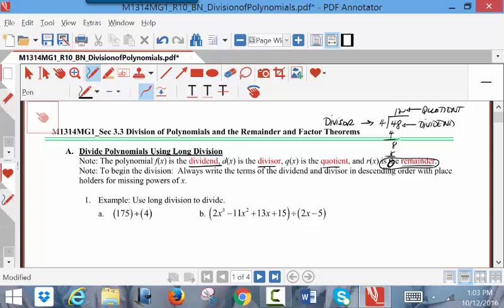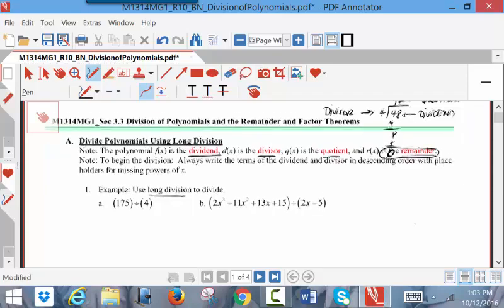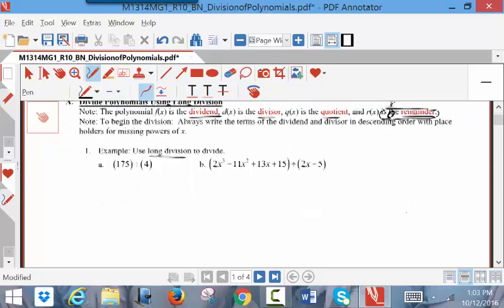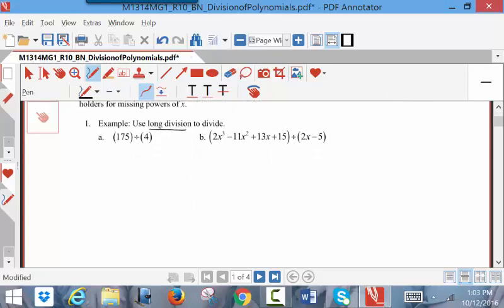Once you get all the names settled in your mind, then we talk about long division. I'm going to do a simple example. You take 175 and divide it by 4, and this is stuff you learned back in elementary school. You took 4 into 175, and said 4 goes into 17 4 times, and you put the 4 on the top.